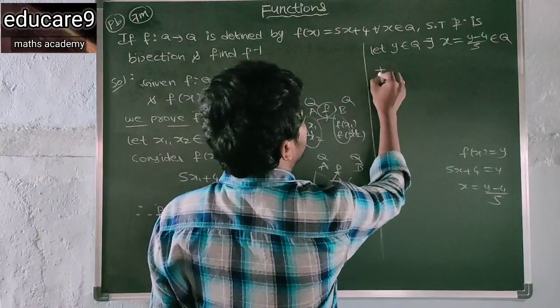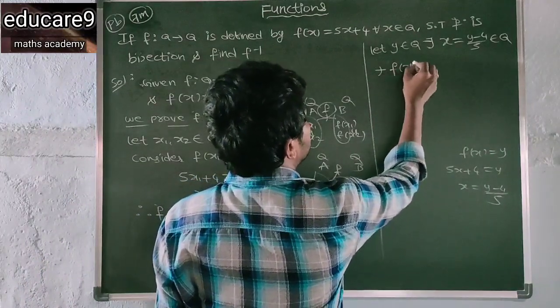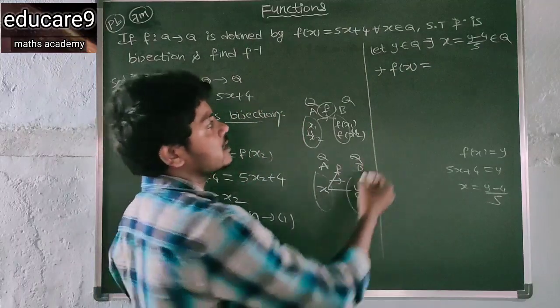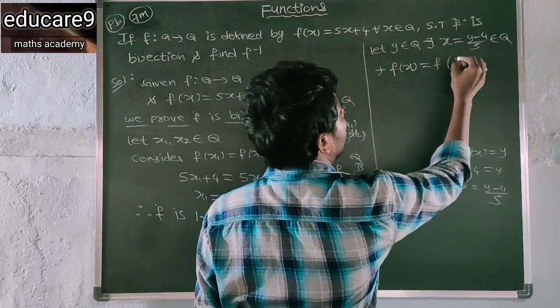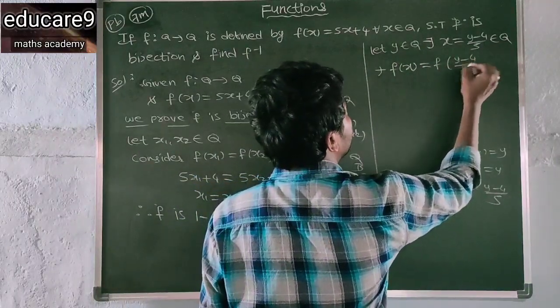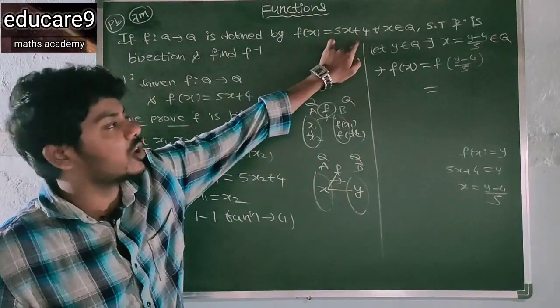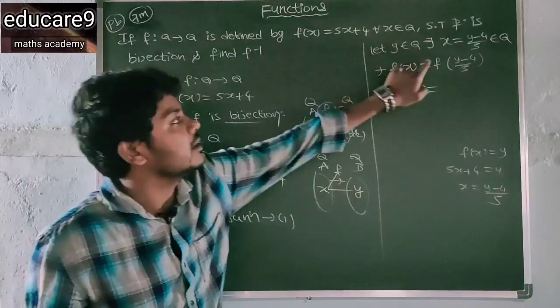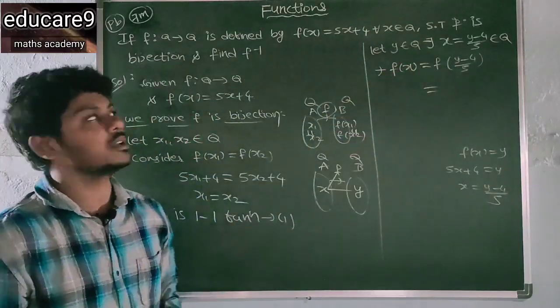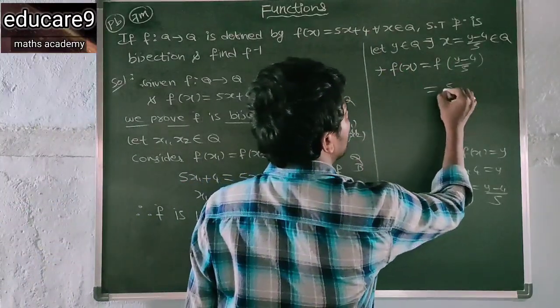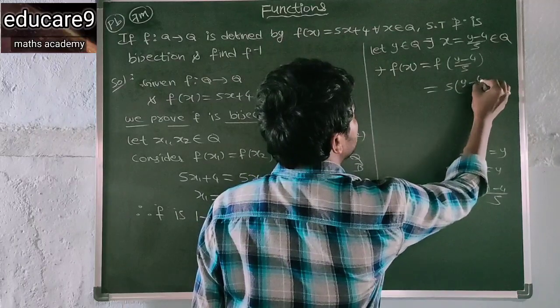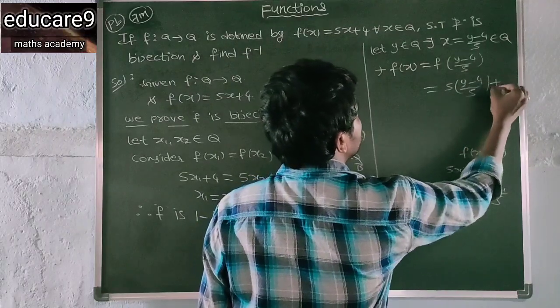Such that consider f of x. So what is f of x? f of (y minus 4) by 5. But here f of x is 5x plus 4. So replace x by (y minus 4) by 5, that is 5 into (y minus 4) by 5 plus 4.